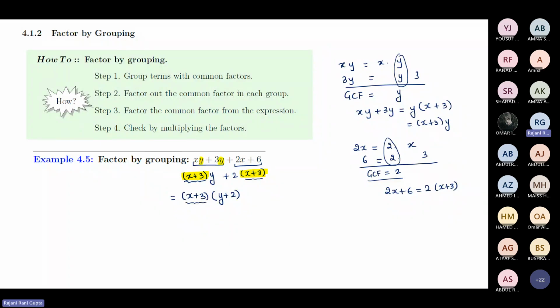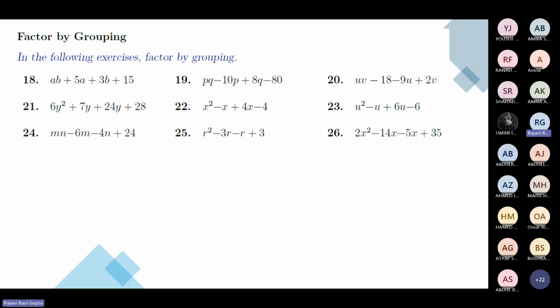Let's solve another question to understand it better. You have these questions from 18 to 26, again from your exercise. Do you want me to start with a specific question? 18, okay.